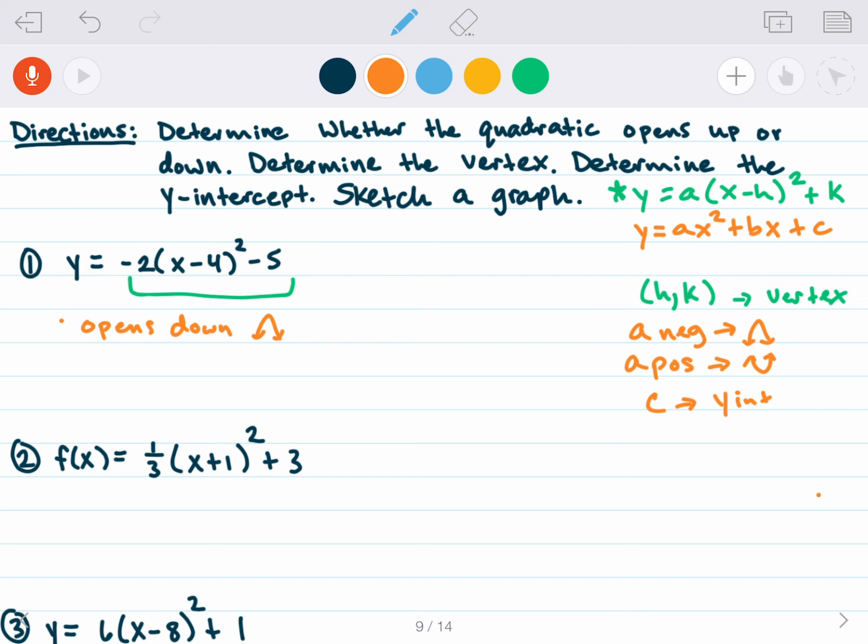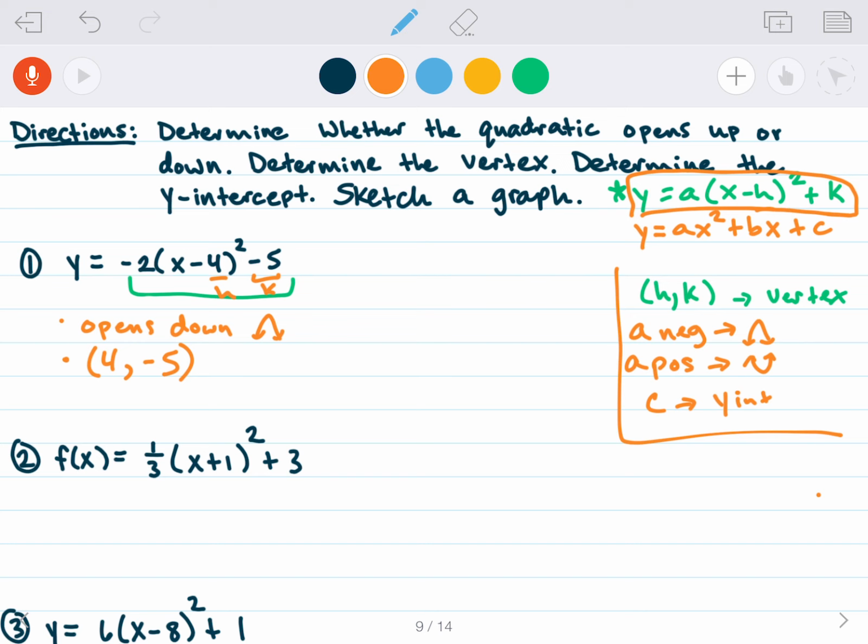The next thing is to determine the vertex. So standard form isn't going to give us that, but vertex form is, because vertex form is (h, k). Now here we just said, well, 4 is h and -5 is k. They're in the same position as they are in this general form here. So our vertex is (h, k).